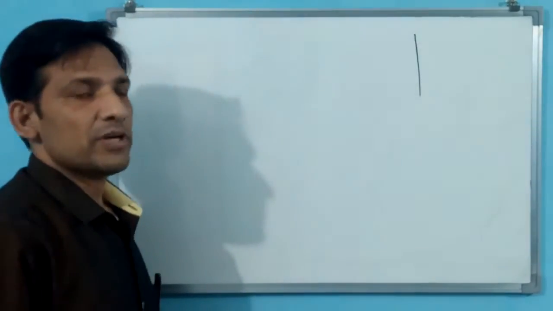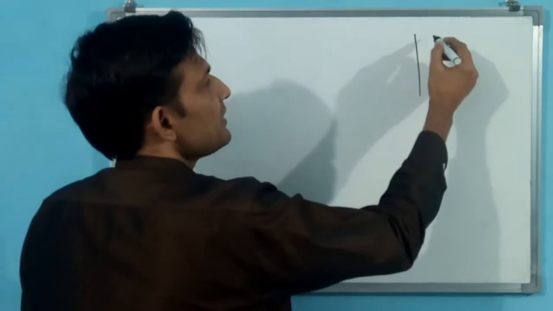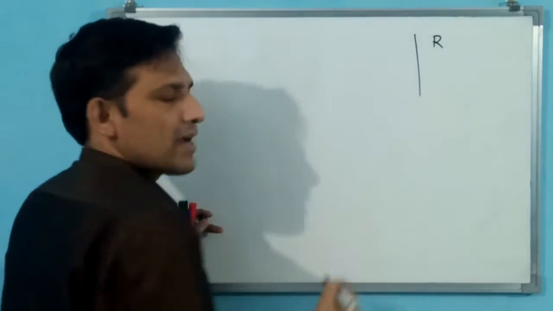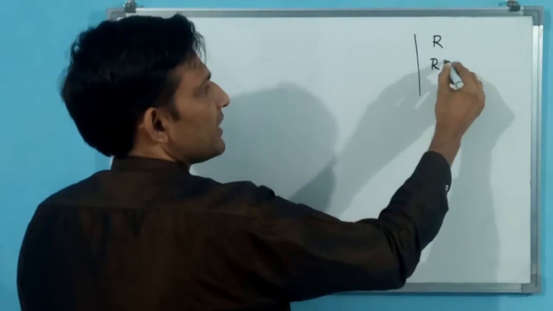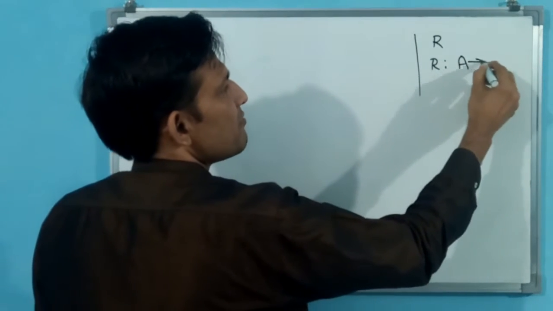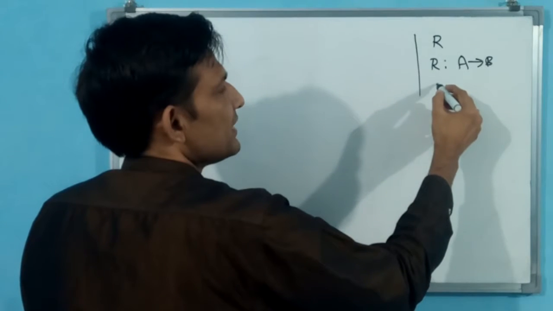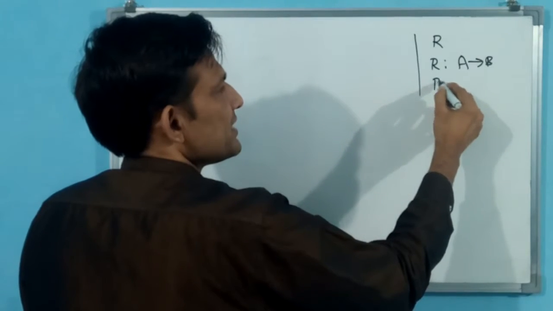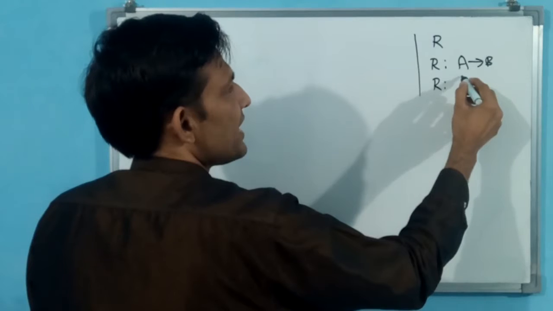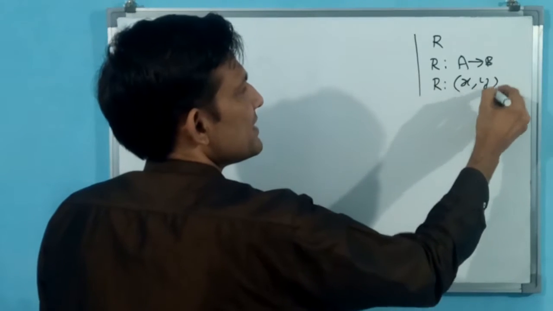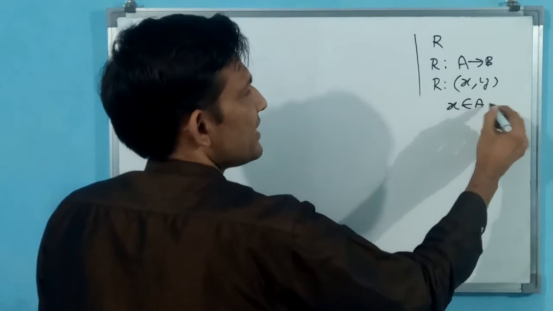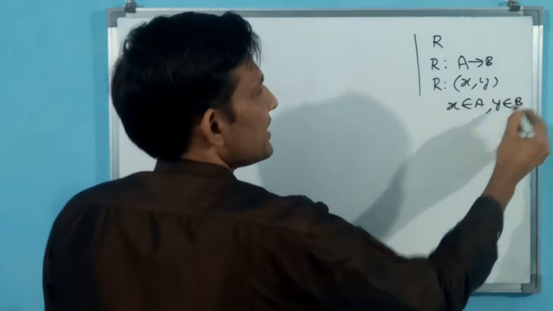Okay, now in relations we show the relation notation as R, relation from A to B. We also show it like this: the set R, where x belongs to A, y belongs to B, such that.